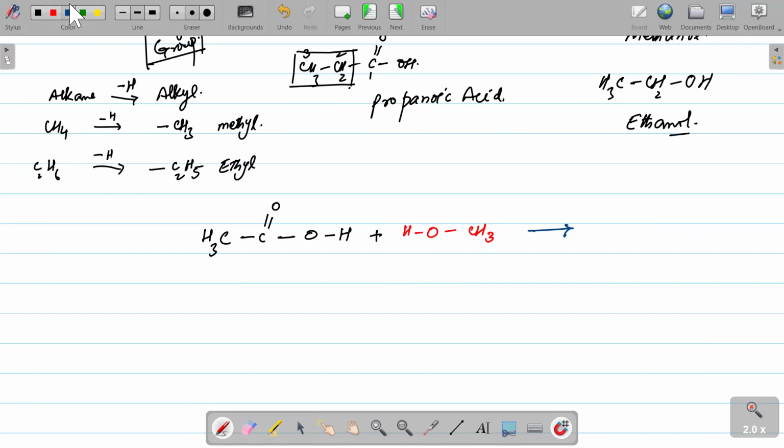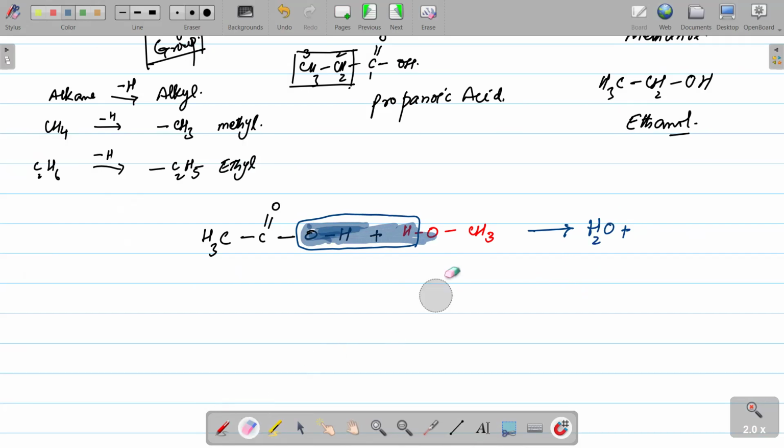Look at this. Hydrogen from alcohol and OH group from carboxylic acids will eliminate from these two molecules as a byproduct. Okay, so I am highlighting these two, which are removed.